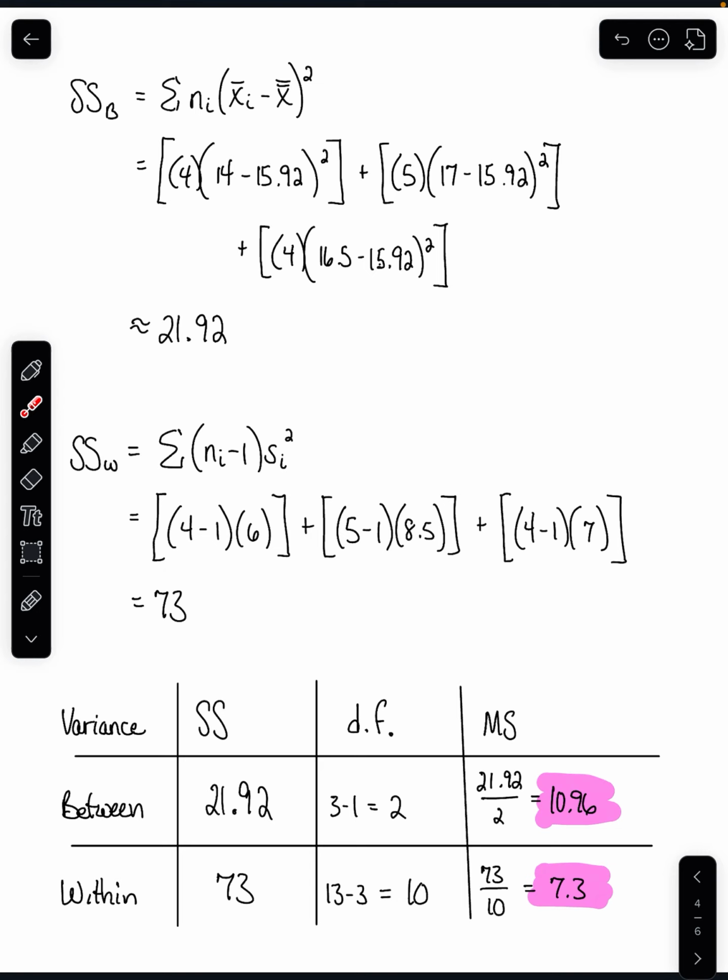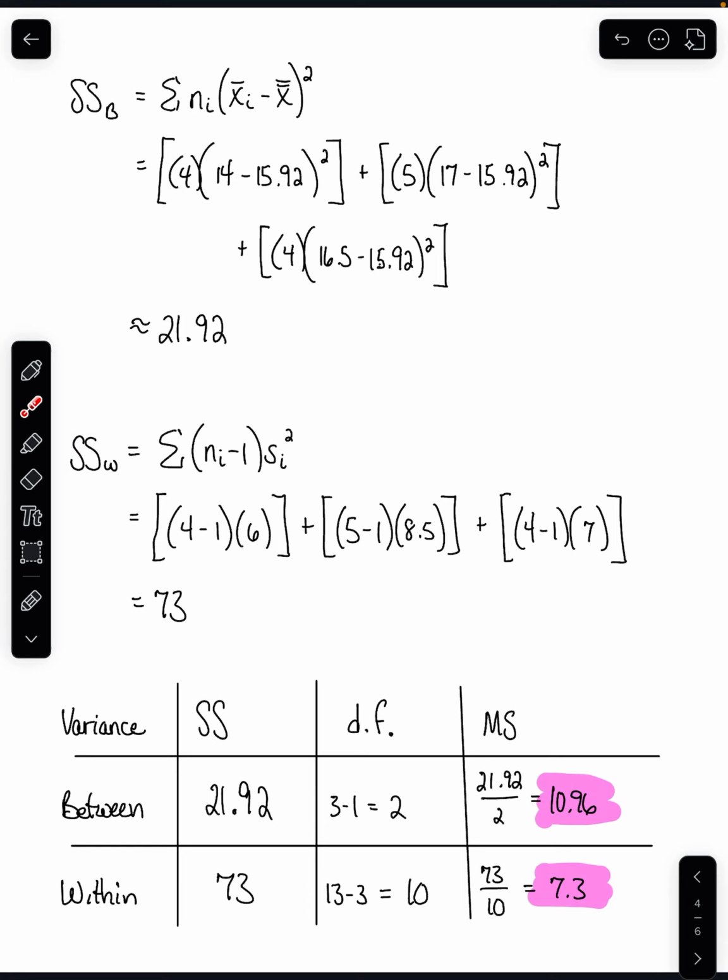These deviations here were small enough to keep the sum of the squares between the samples relatively small.